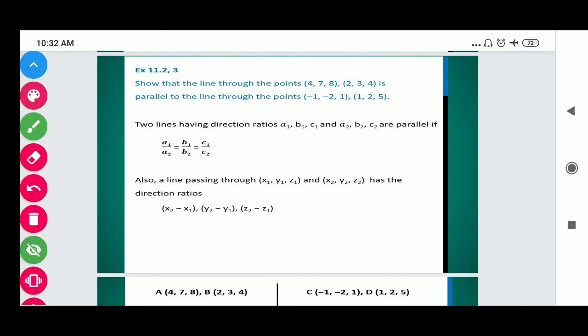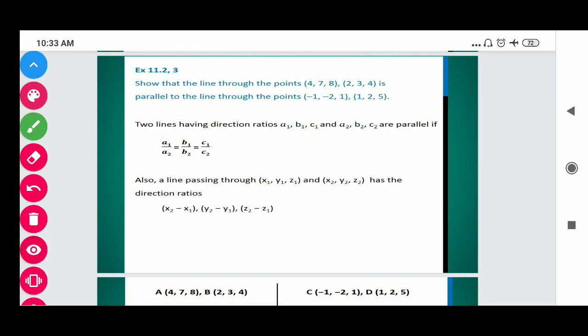Show that the line through these points is parallel to the line through these 2 points. Here we need to show that the line joining these 2 points is parallel to the line joining the next 2 points. In this way, direction ratios must be proportional. So here we need to calculate the direction ratio.